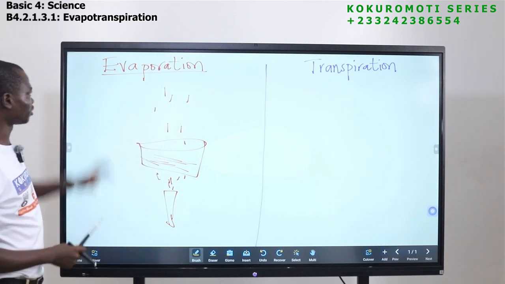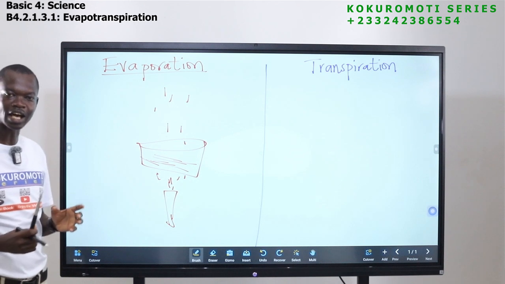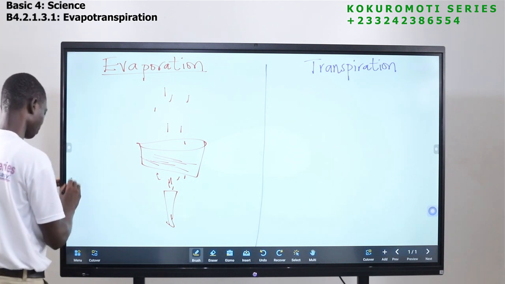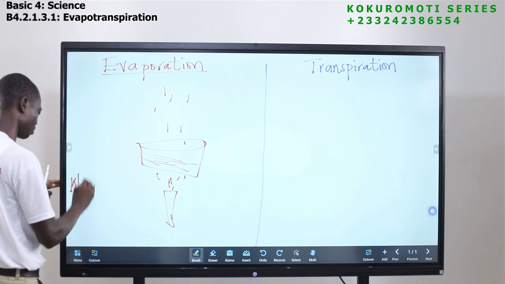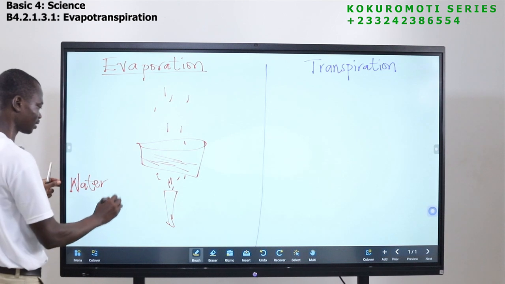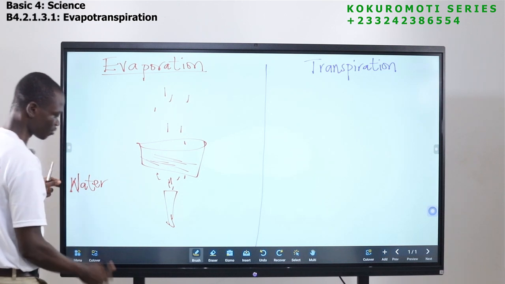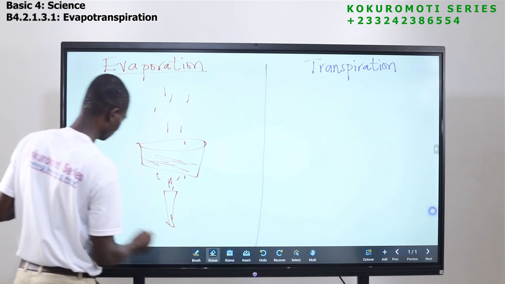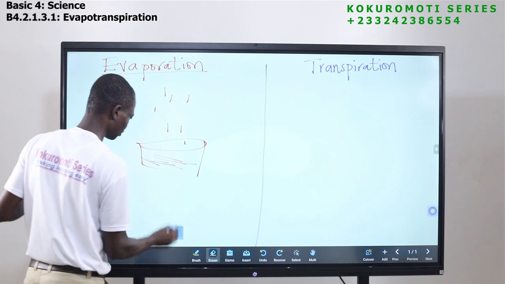So anytime we talk about evaporation, we are talking about water turning into water vapor. Water turning into what?